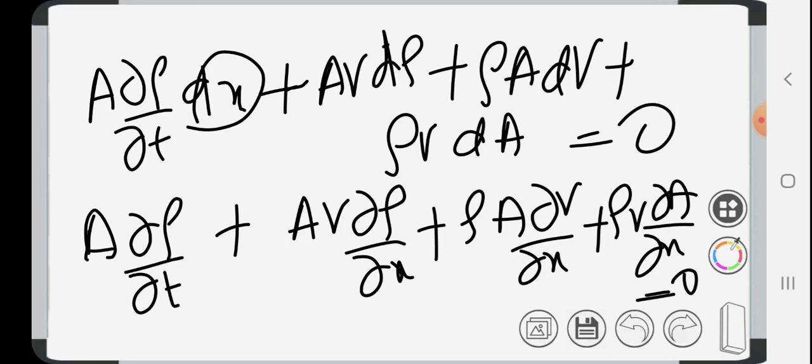Now our objective was to find an equation for one dimensional steady state flow, right? This is for the general case. For steady state flow, we can cancel the term with respect to time.